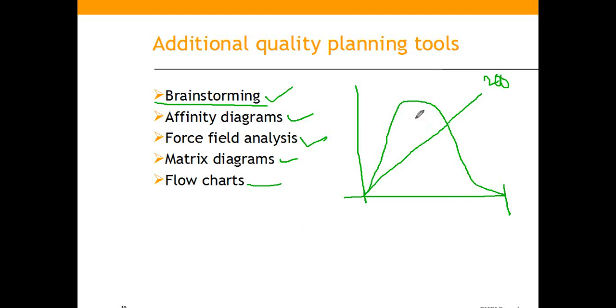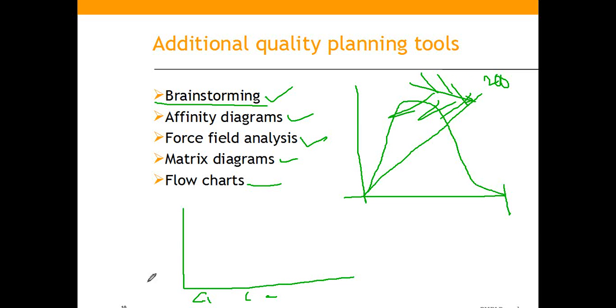do a root cause analysis, maybe an Ishikawa diagram, to find out the probable causes leading to this, and then you draw a cause-wise affinity diagram: cause 1, cause 2, cause 3. Because of cause 1 you get 80 defects, because of cause 2 maybe 20, and likewise. So this is an example of an affinity diagram.